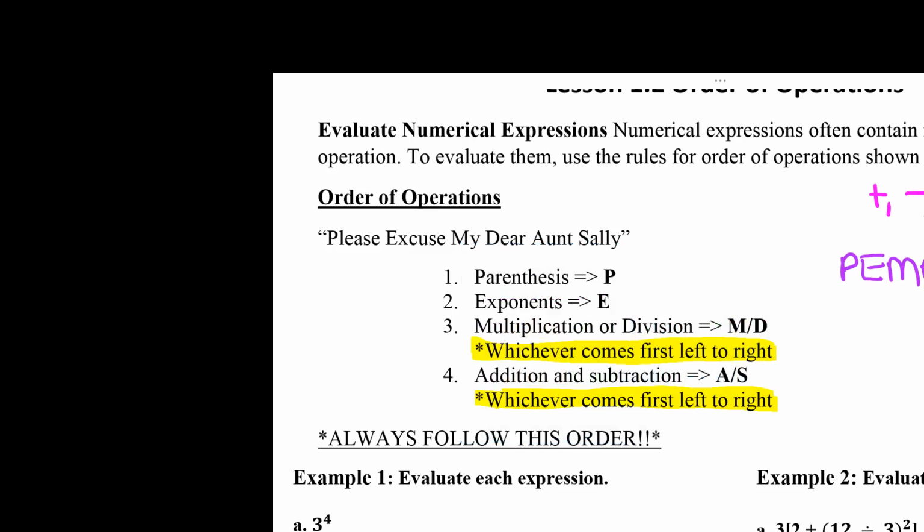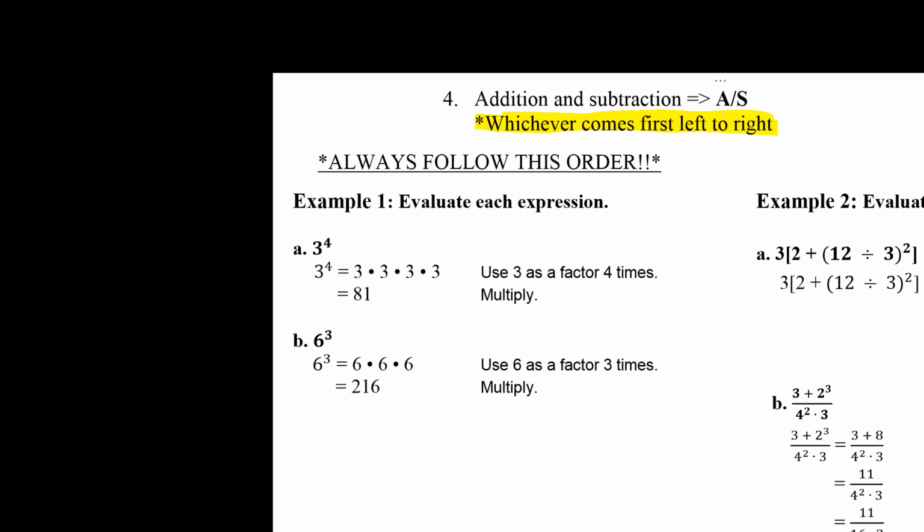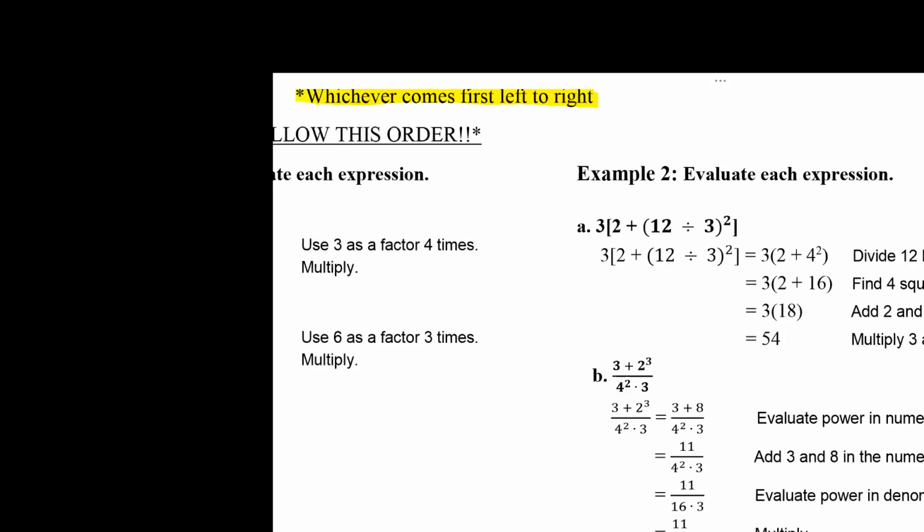Now, this is an important set of rules, and this is something that we will be using all year. Always follow this order. So let's just go over here and evaluate. Example number 1. I know it's done for you, but I'd like to work through it. 3 to the 4th power, or you could read it as 3 to the power of 4.